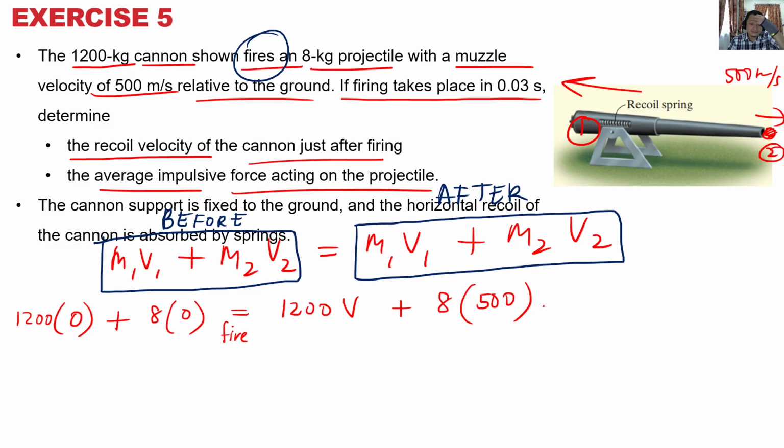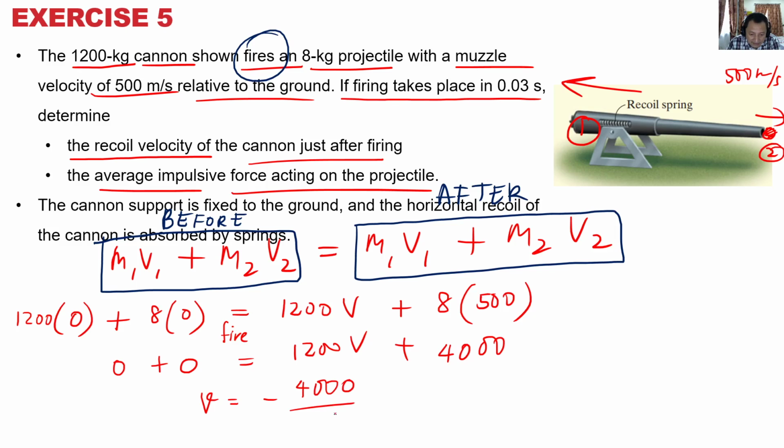So this is what you get. 0 plus 0 equals 1200V plus 8 times 500. How much? 4000. So you've got V equals negative 4000 divided by 1200.